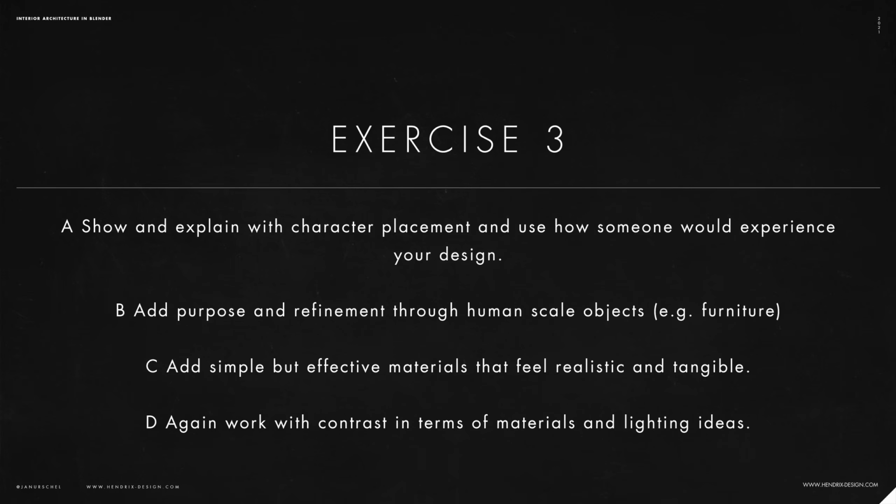For the last exercise, I would recommend that as you come into the final polishing of your design, that you show and explain with character placement or character movement what they do and how someone would experience your design.